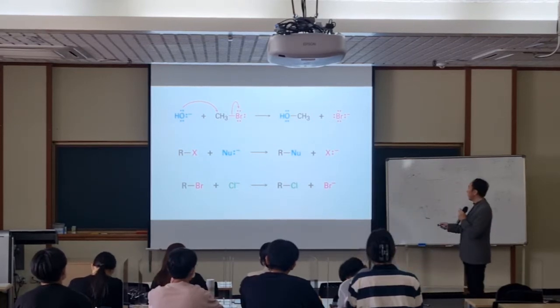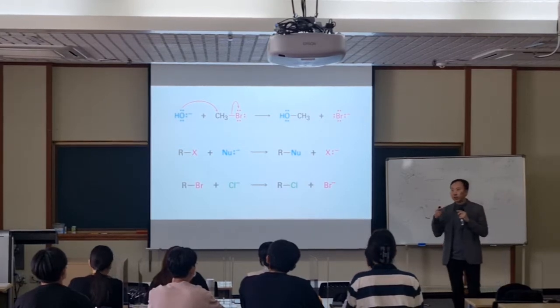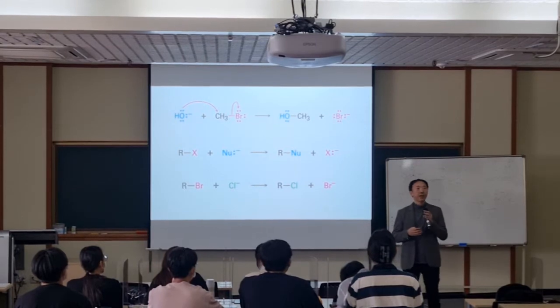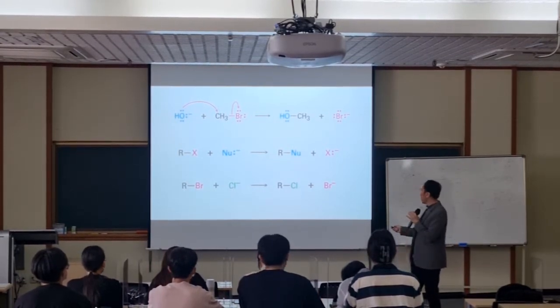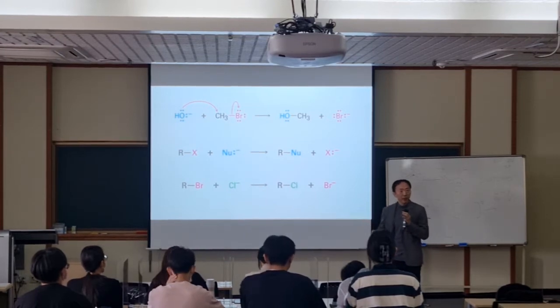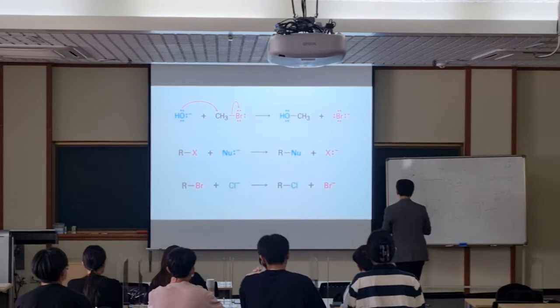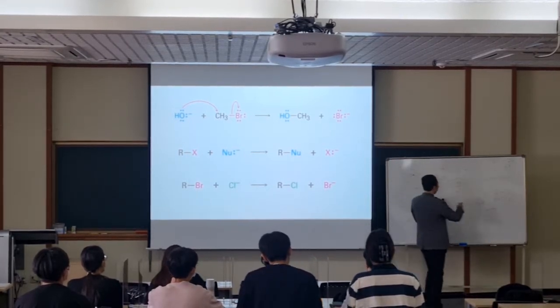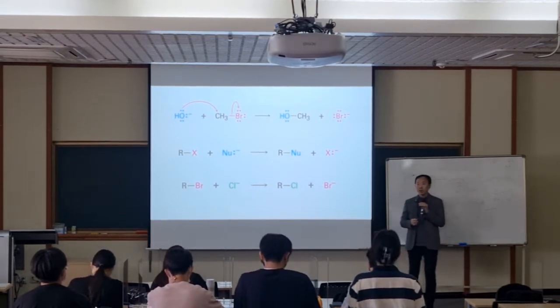Now, depending on the conditions, this can be an equilibrium reaction. Maybe reactivity-wise there is a little difference. And depending on the solvent and reaction conditions, sometimes chloride is more preferred, sometimes bromide is better, but in general, if you draw here, I cannot draw here, this is an equilibrium, most likely.